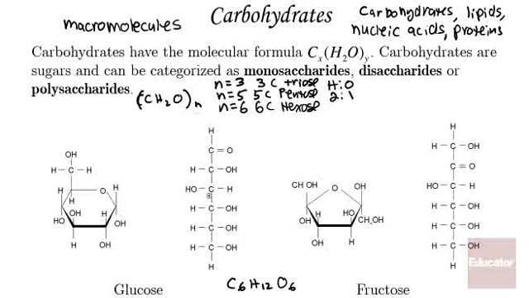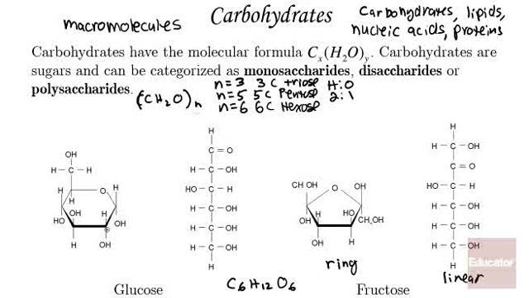So let's go ahead and look at the two forms. You'll see that there's a linear form and a circular form. The reason for this is that in aqueous solution, sugars often exist in their ring form. These two are the same, and these two are the same, but this is just the linear form. And then in aqueous solution, it would form this ring, so you'll often see these molecules written in their ring form.